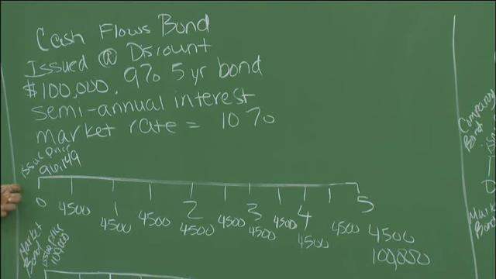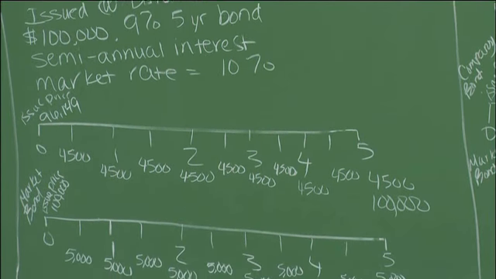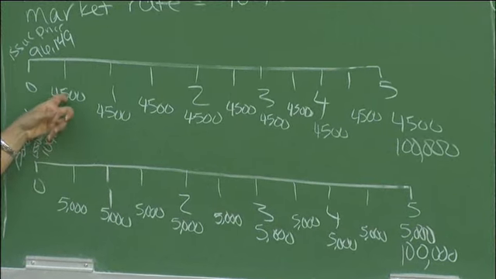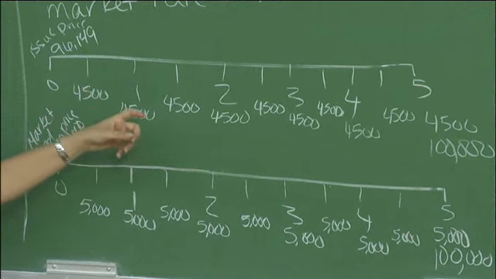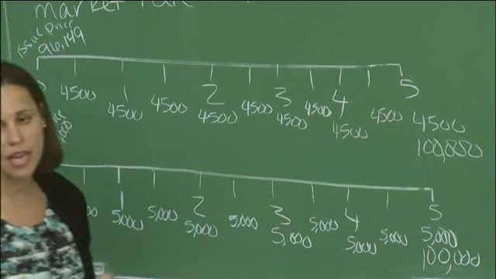So this is what the cash flows for this company's bond look like. The company's going to get the issue price. We figured out the issue price last class was $96,149. In exchange, the company's going to pay the bondholder $4,500 of interest each interest period and the $100,000 at maturity.